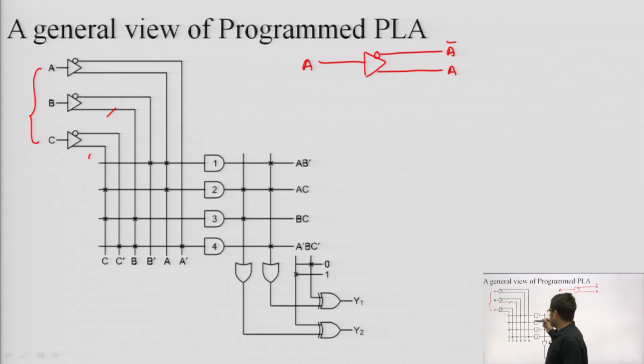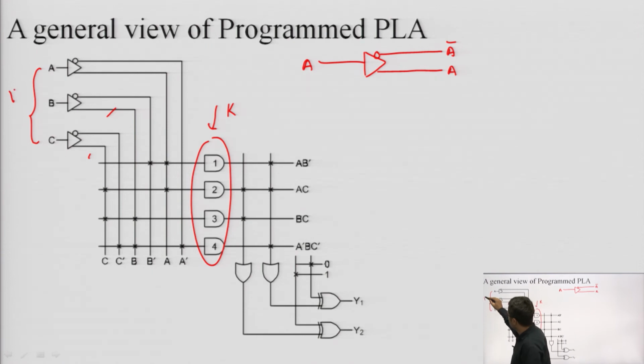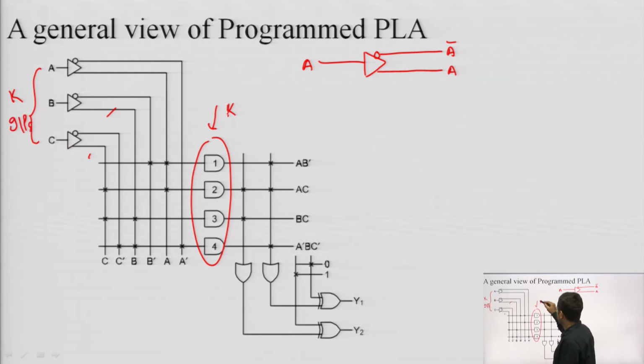So for these inputs, I have to check how many products are required, and that many AND gates. So there are k inputs, and let's say there are p AND gates.